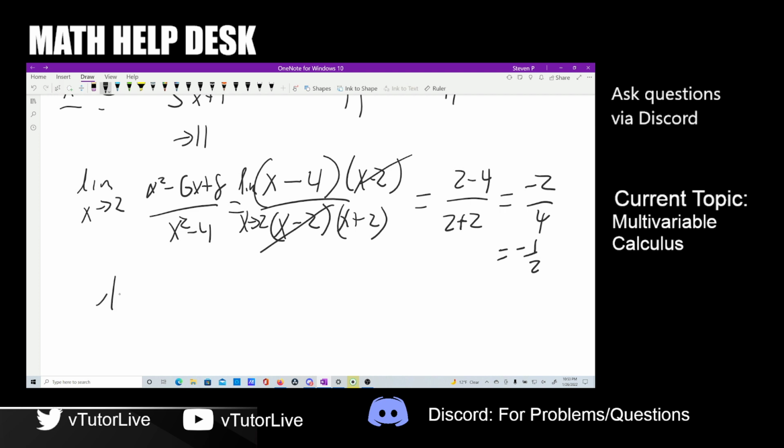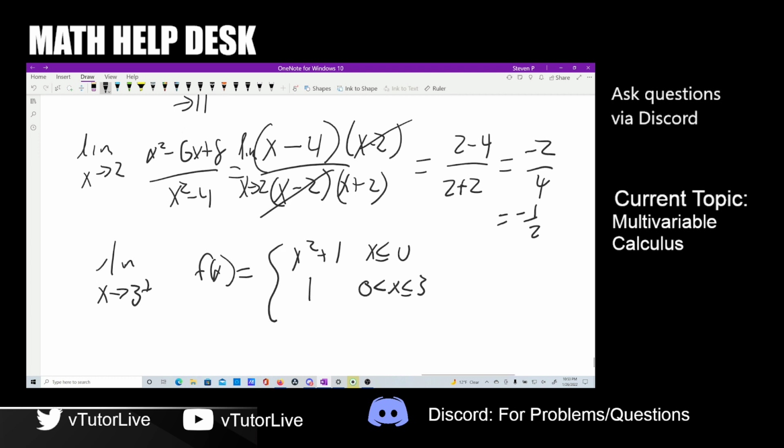All right, next one is saying the limit as x goes to 3 from the right of f of x, which is defined as x squared plus 1 if x is less than 0, 1 if x is between 0 and 3, and 4x if x is greater than 3.